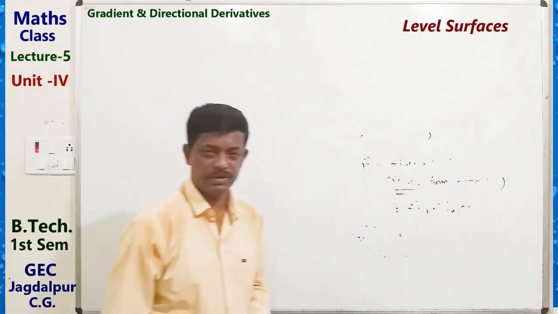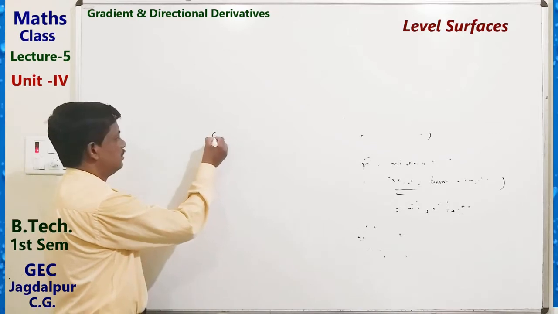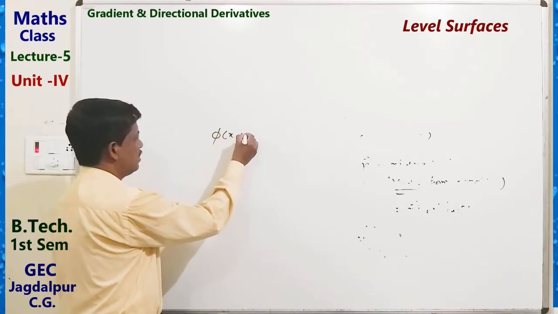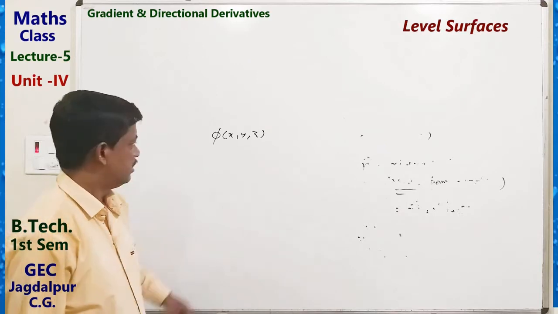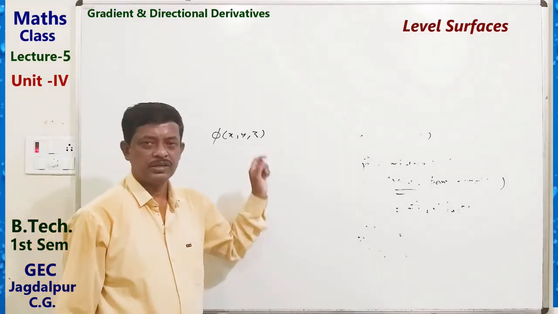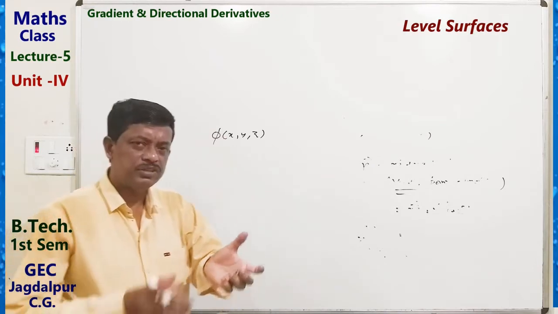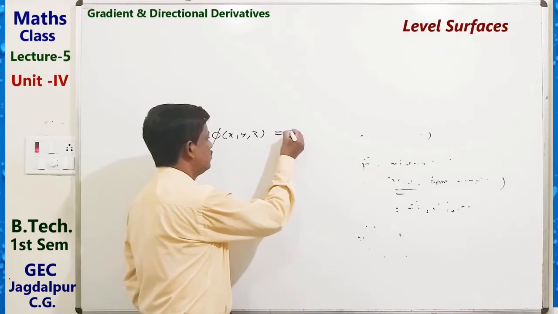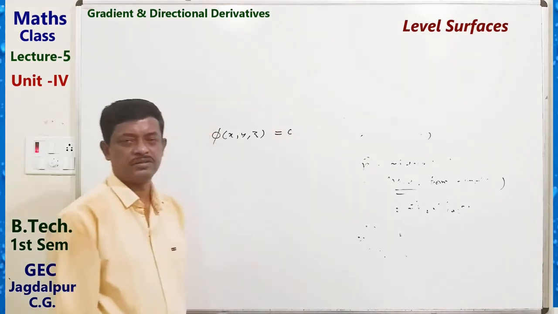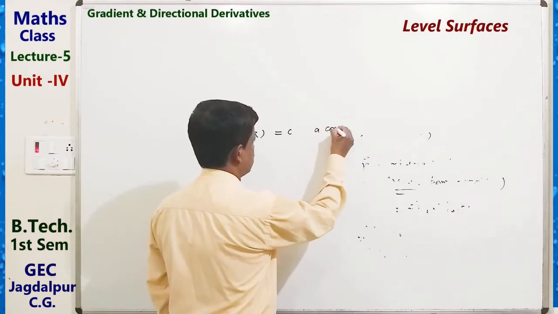Function of three variables means phi x, y, z. Suppose the value of this function is equal to a constant c.